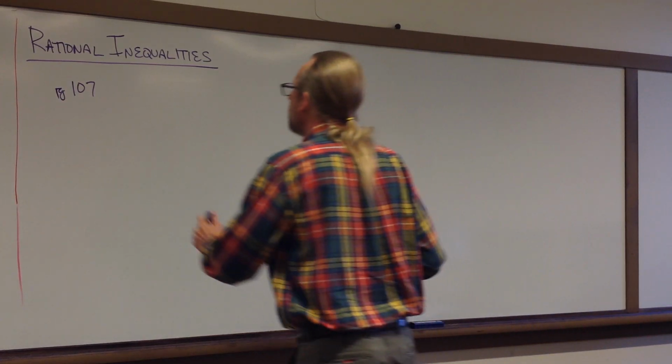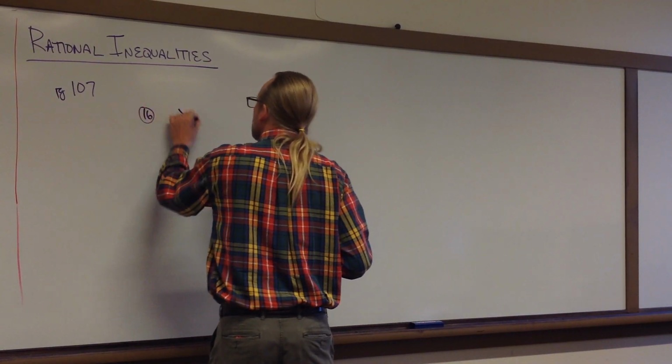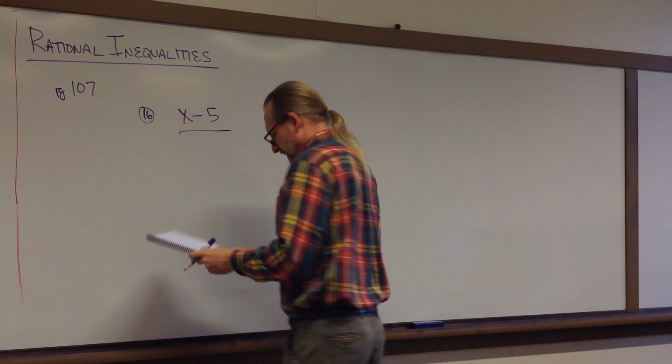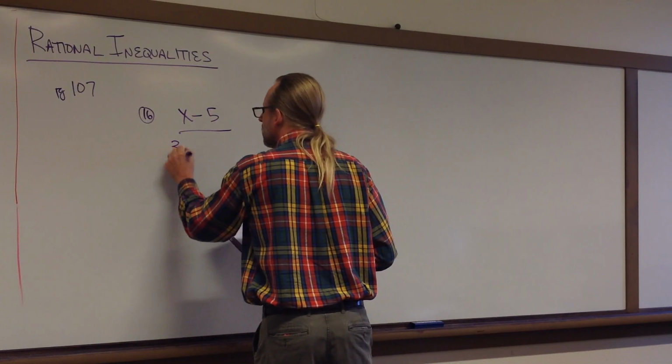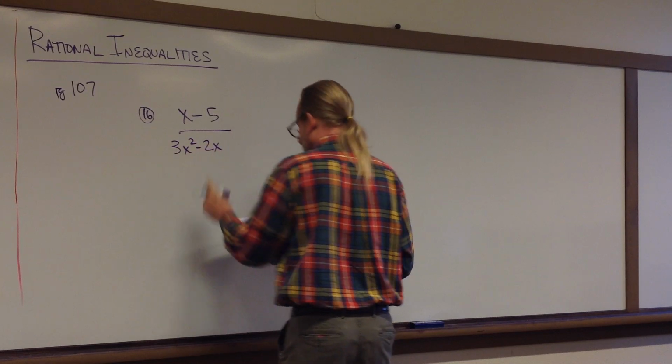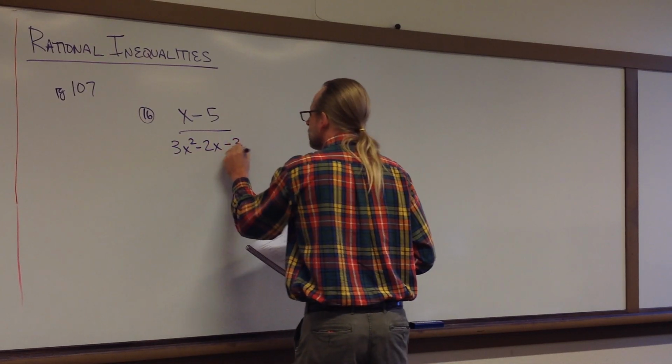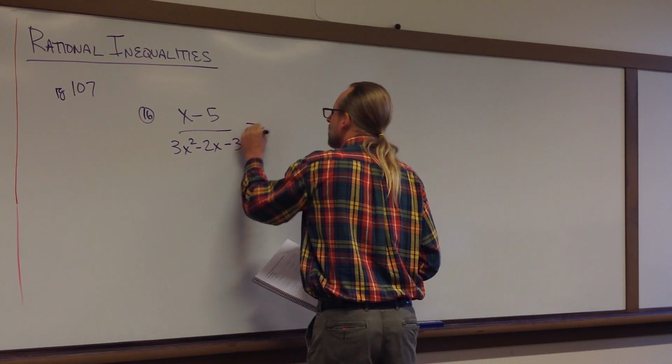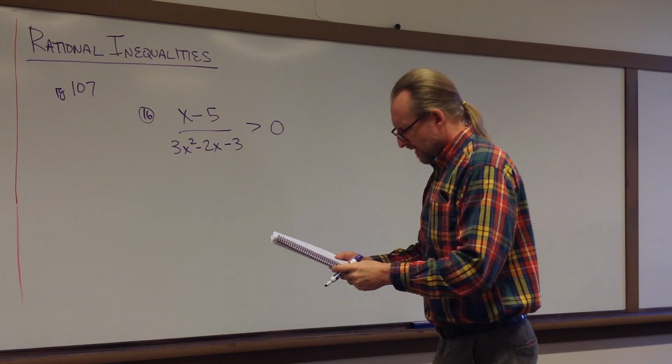Problem 16. Got x minus 5 on top, and then 3x squared minus 2x minus 3 on the bottom. And we want to know where is this going to be greater than 0.